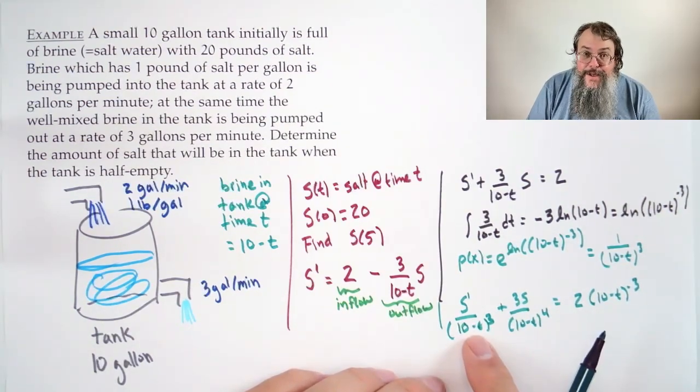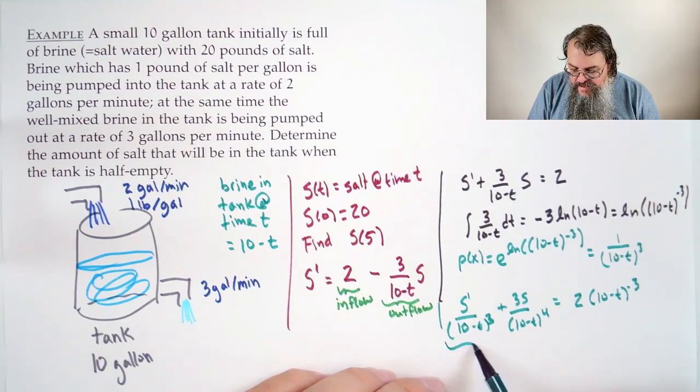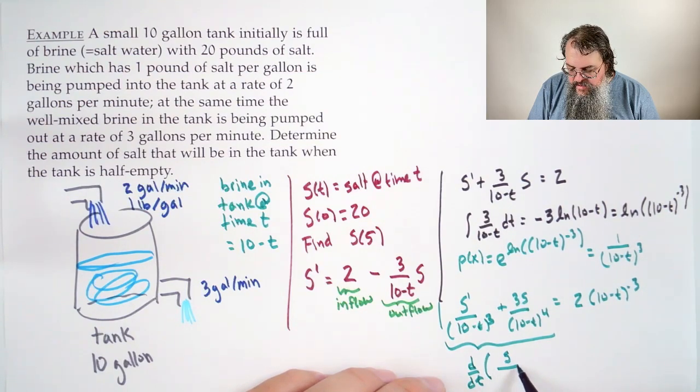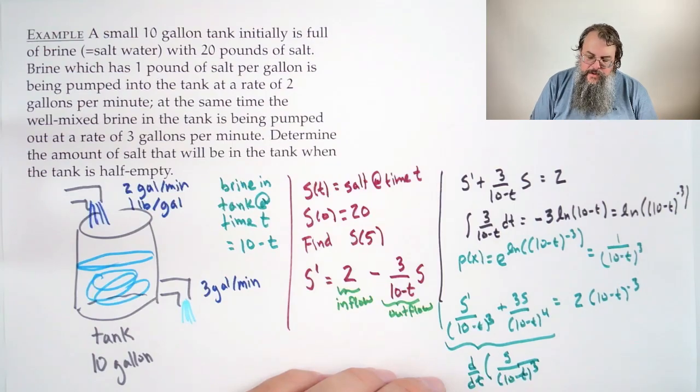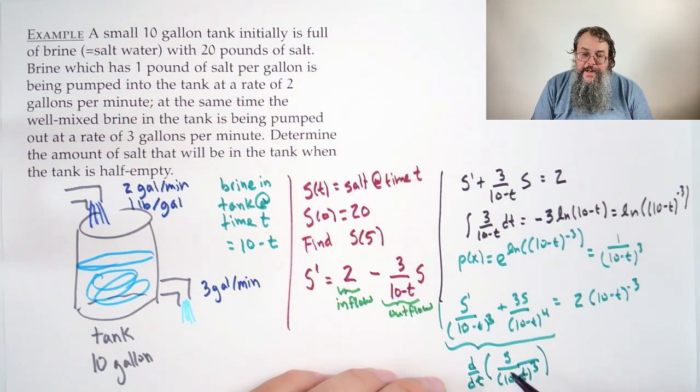This part's a freebie. And we say freebie because we know that it's a derivative. In particular, it's a derivative of s over 10 minus t cubed. And where is this coming from? Well, okay, it's our integrating factor times our function we're looking for.